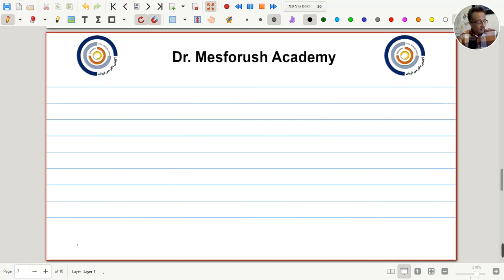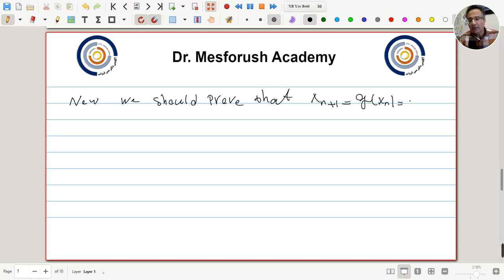Now, it remains to prove that the sequence x_n, now let me write something. Now we should prove that x_{n+1} equal to g of x_n equal to minus (a x_n plus b) over x_n converges to alpha.